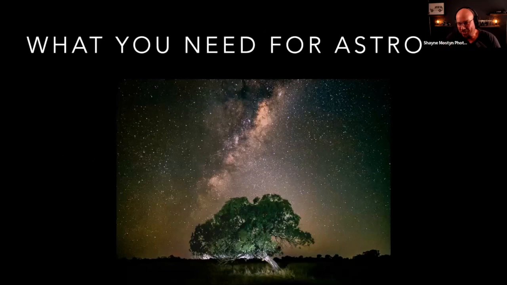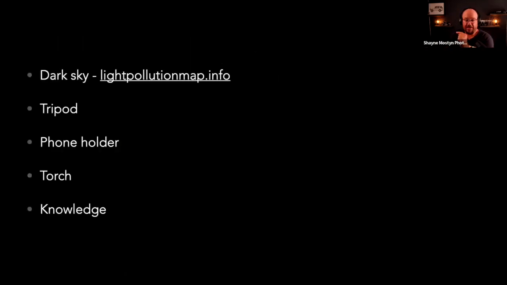What you need for astrophotography, that photo that's right there on the screen right now with that tree, I took that this morning at about 3 o'clock with this phone, with the iPhone. What you need for this photo is dark skies. This is important for all methods of astrophotography, but for phone photography, it's even more important because that sensor is so small.